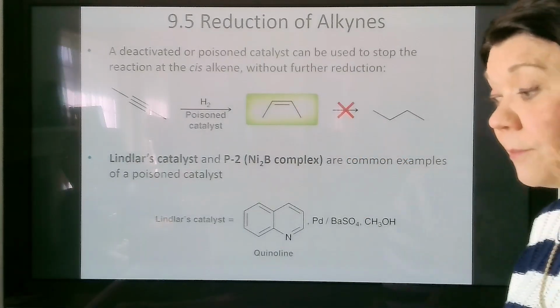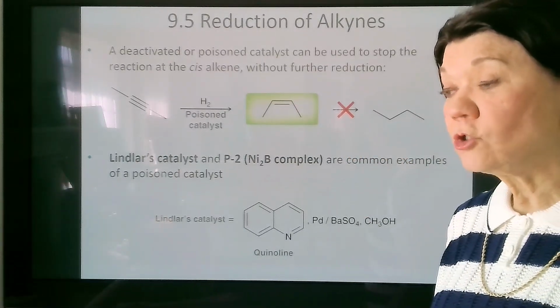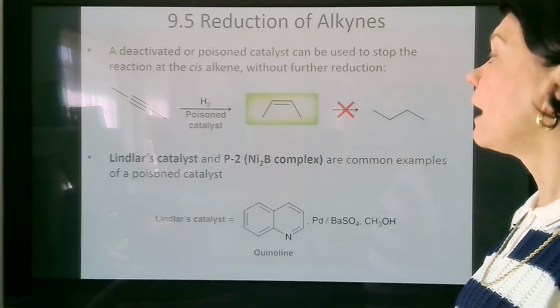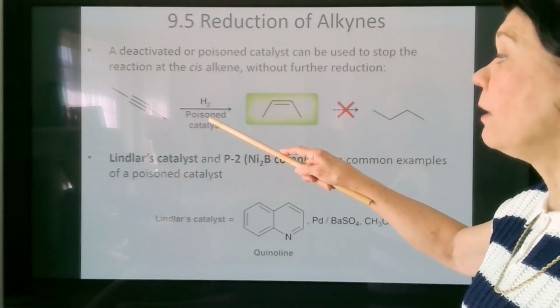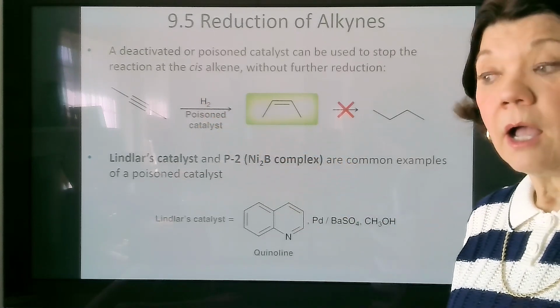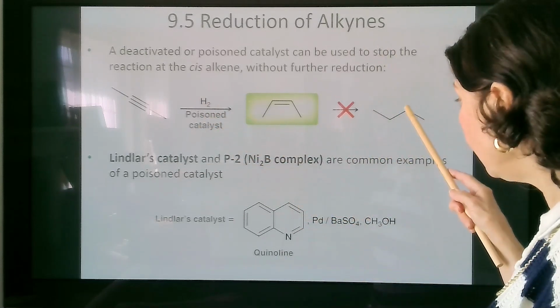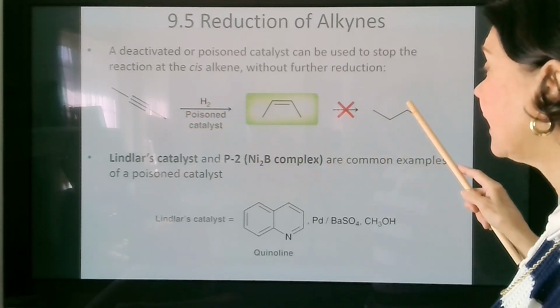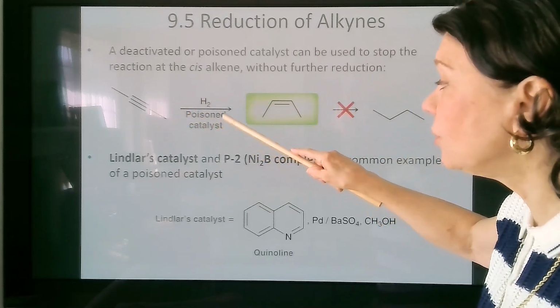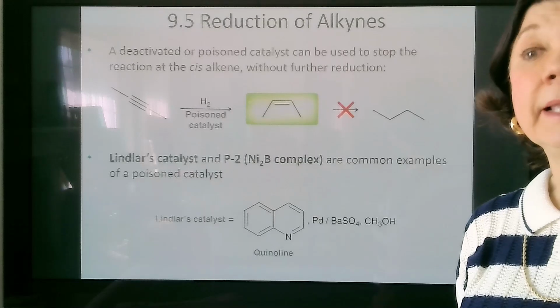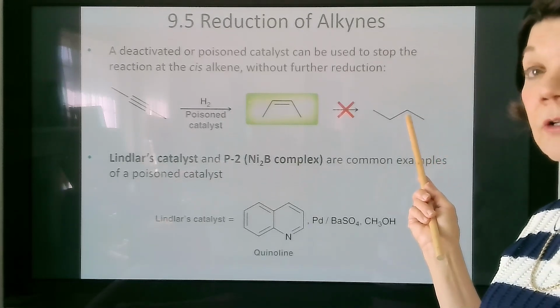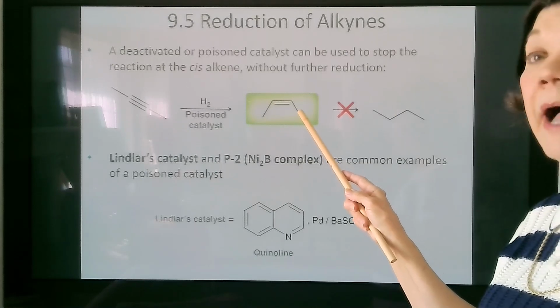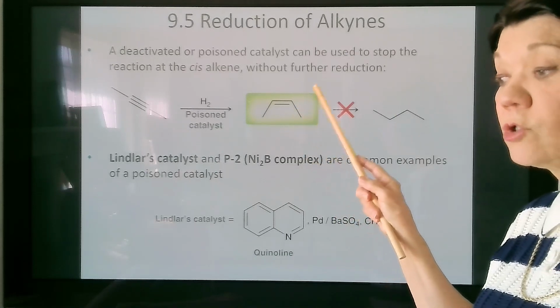Remember that in the reactions of alkenes, catalytic hydrogenation, adding H2 with a metal catalyst, would take you to the alkane. Well, here that's not the case. This one with a poisoned, weakened catalyst is not going to go all the way to the alkane. It will stop at the alkene. It will not reduce the alkene.